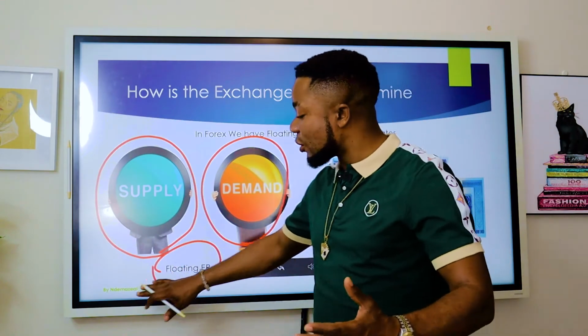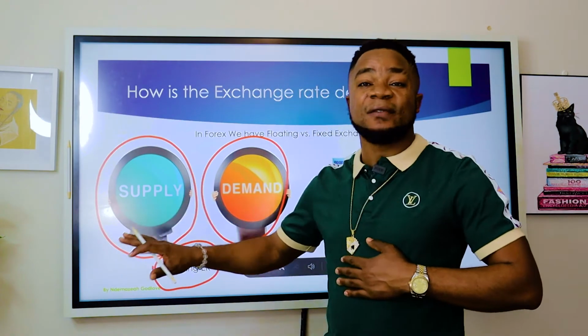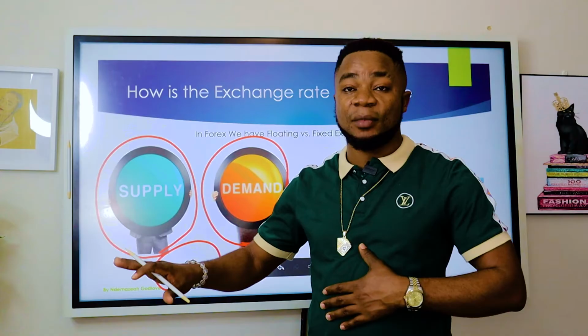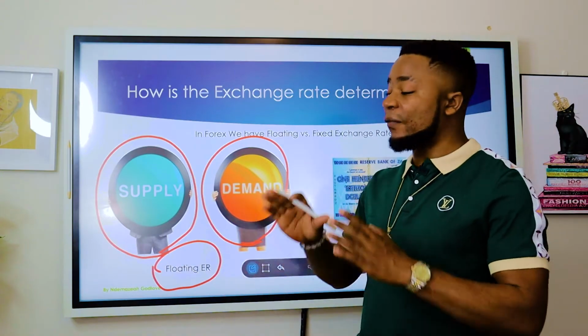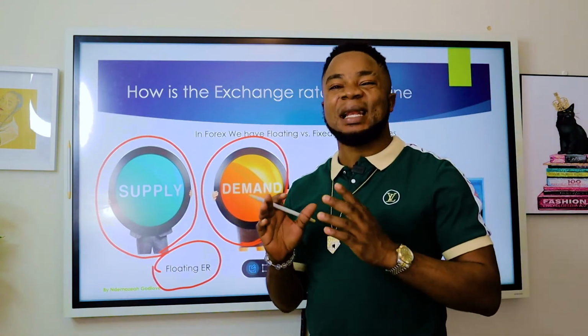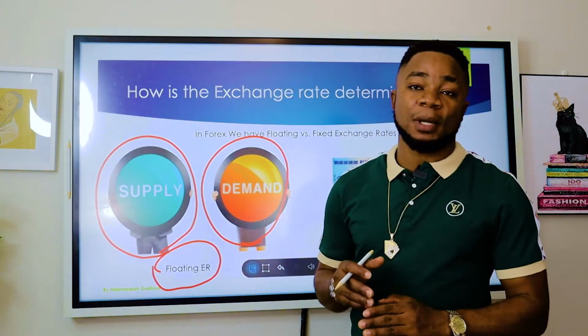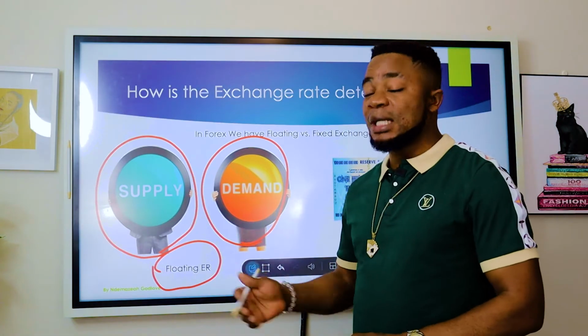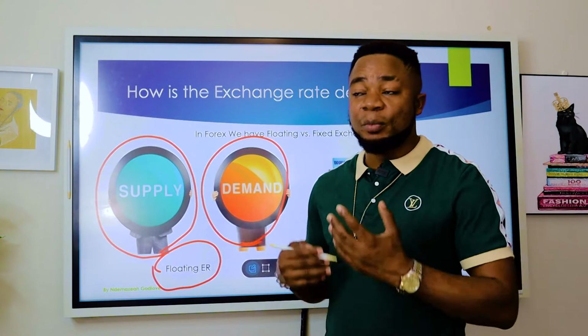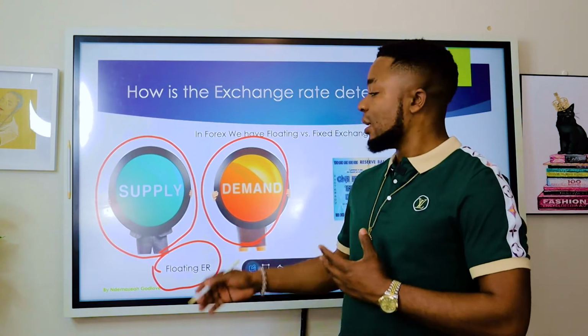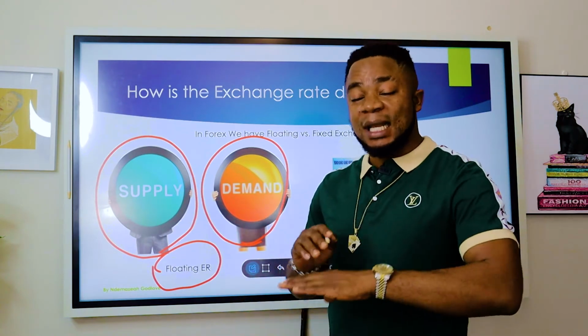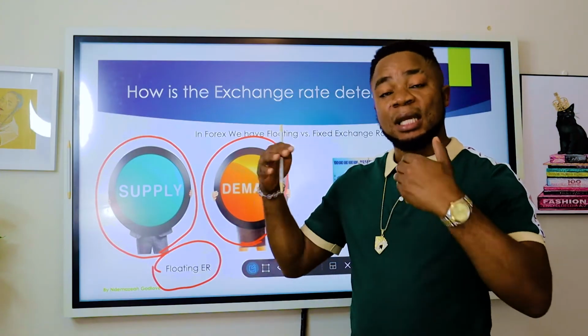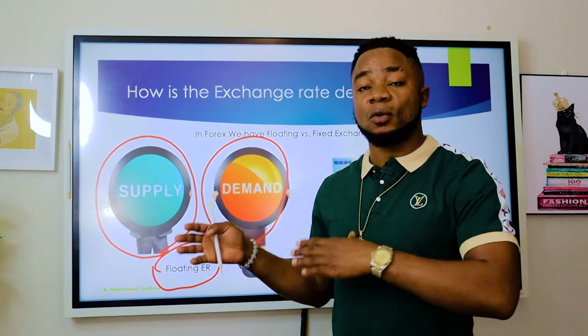So that's how 95% of exchange rates are determined, by the power of demand and supply. As simple as that. The more people demand that particular currency, the more the exchange rate will go up, and the fewer people demand it, the more the exchange rate will go down.